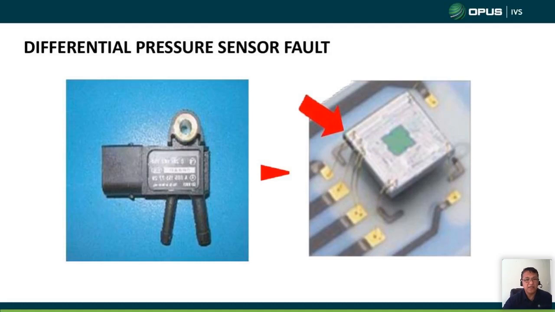And in the latest version of the 651 engine, it's more on the plug connection of this sensor, where the resistance is getting high. And then there is a repair method to replace the harness itself to rectify the differential pressure sensor fault.